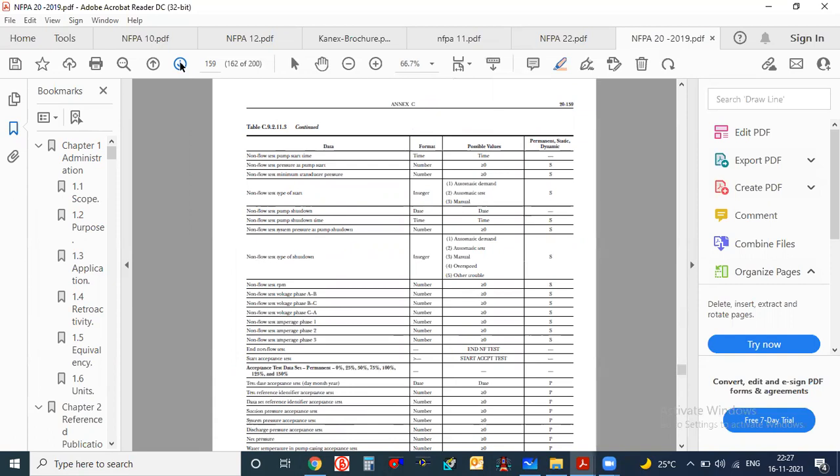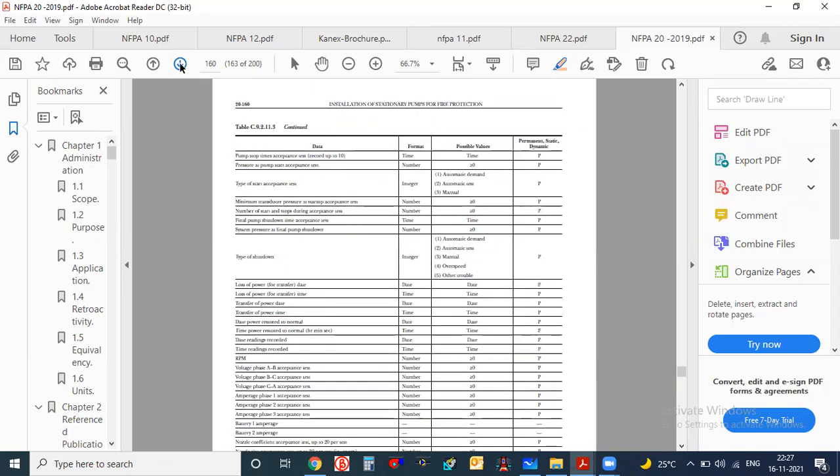And there are a lot of items in a fire pump. If you check one fire pump, you will get almost 200 to 300 accessories. You have to understand each and every accessory, and how to assemble them. It's a very big task.